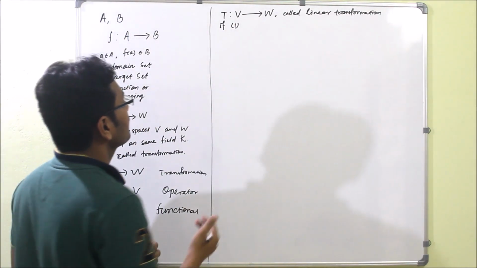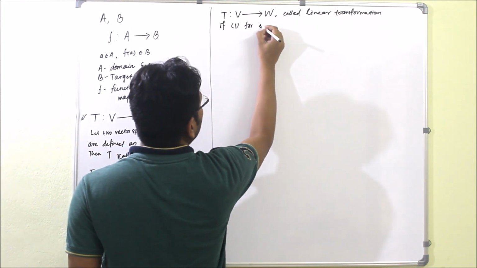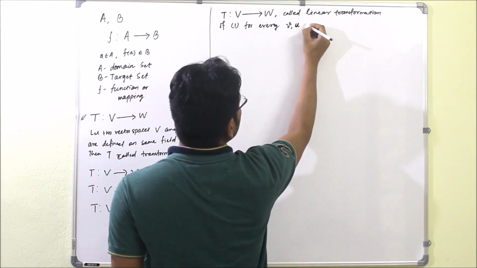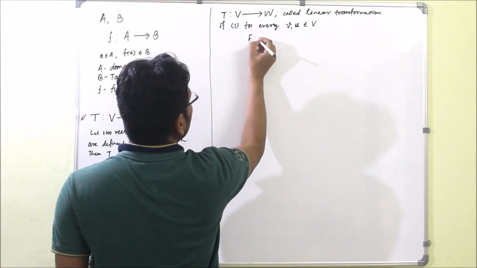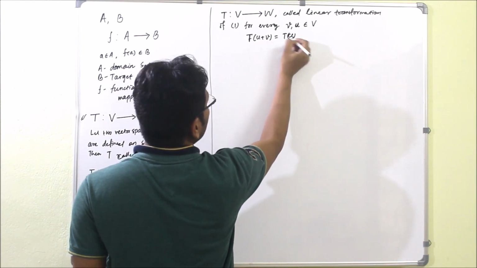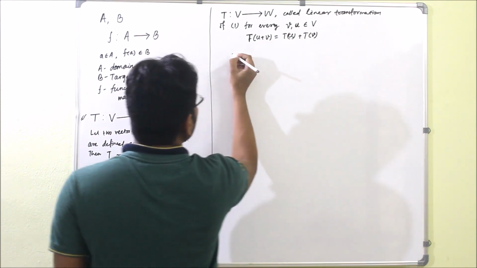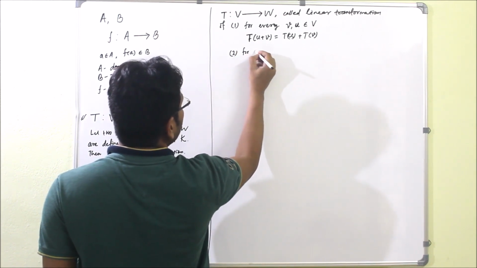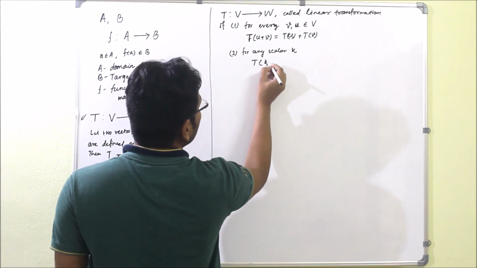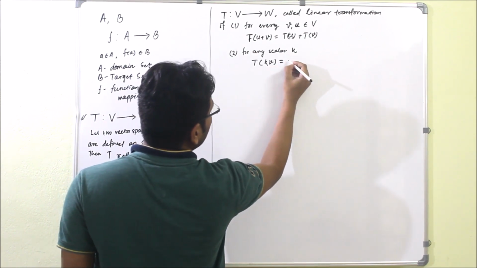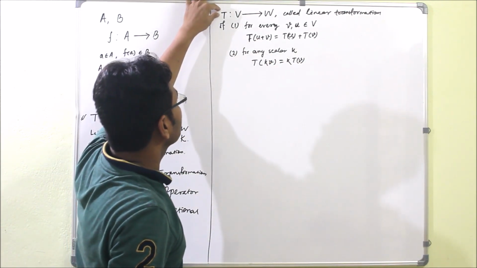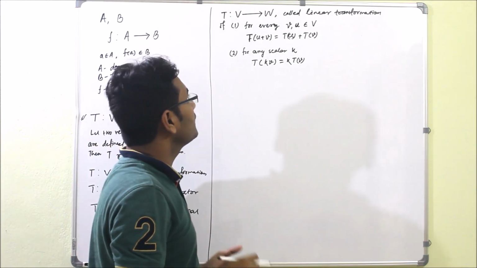First property: for every vectors U and V belonging to V, T of U plus V equals T of U plus T of V. The second property: for any scalar K, T of KV equals K into T of V. If these two properties are satisfied, then it is called a linear transformation.